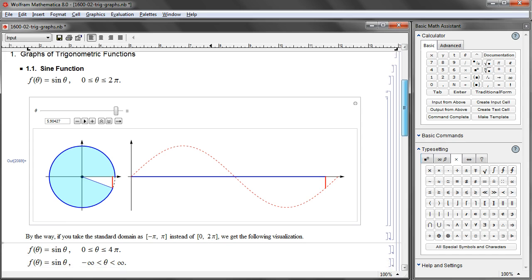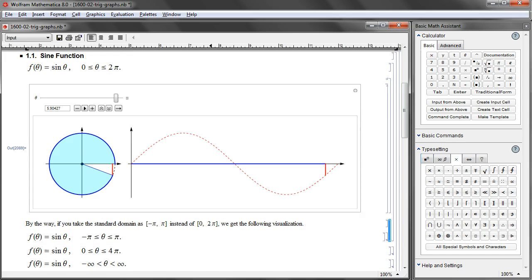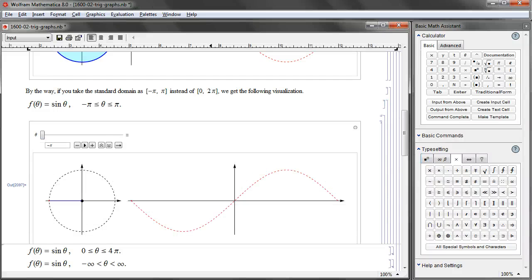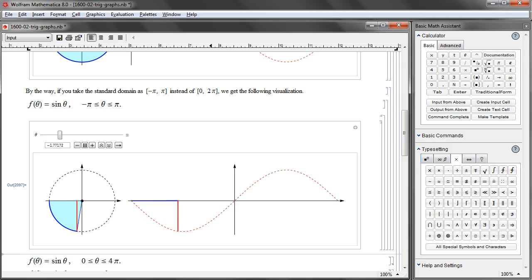By the way, if we get a different standard domain, instead of going from 0 to 2 pi, if I go from negative pi to positive pi, then we are going to get a visualization kind of like this.